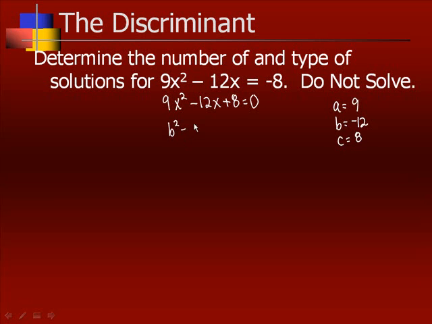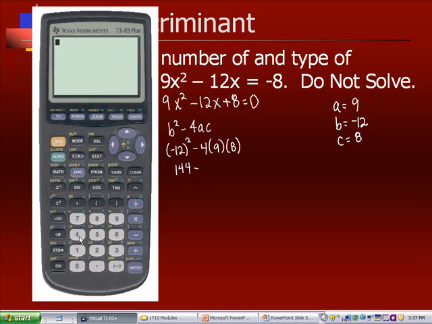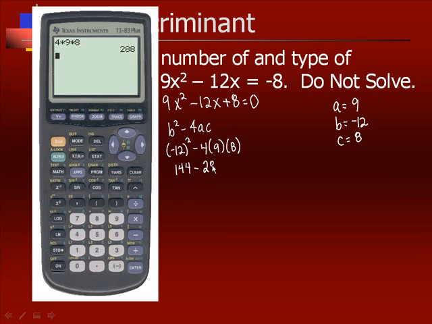So, if we're looking at b squared minus 4ac, and we get negative 12 squared minus 4 times 9 times 8, that would be 144 minus 4 times 9 times 8. We're going to do 4 times 9 times 8, which is 288.